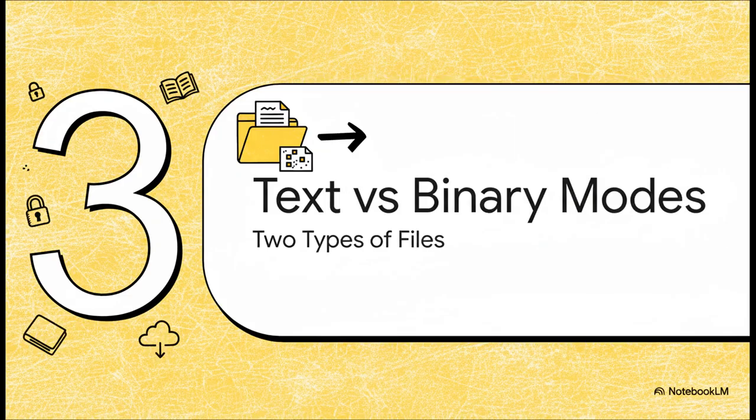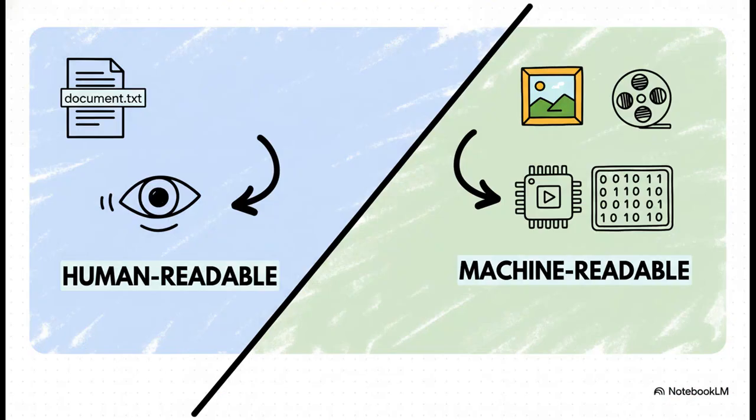Okay, there's one more layer to this. We have to talk about the fact that not all files are the same. In Python's world, it basically sorts them into two main categories: text files and binary files. So on one hand, you have text mode, which we note with a T. This is the default, and it's perfect for files that humans can actually read, like .txt files or even your Python code files.